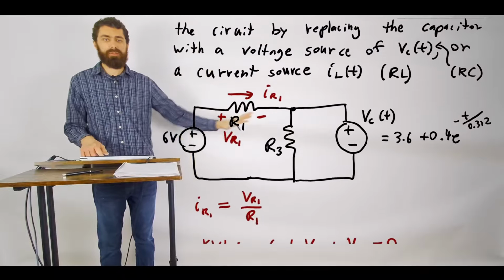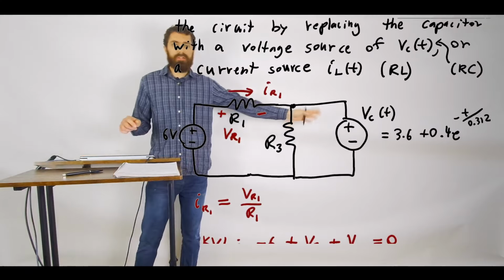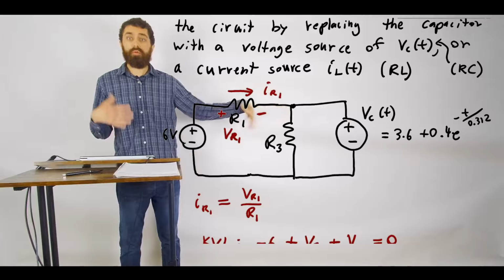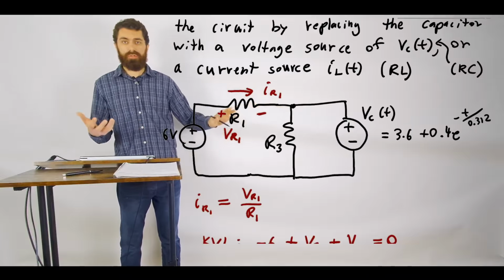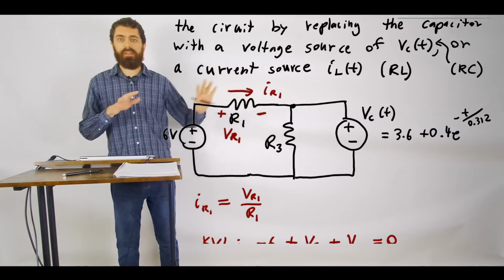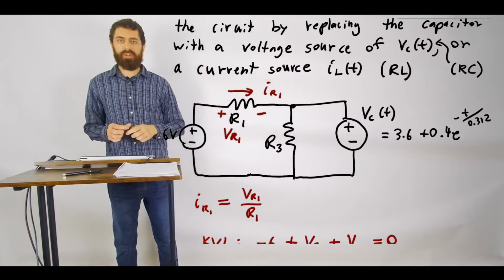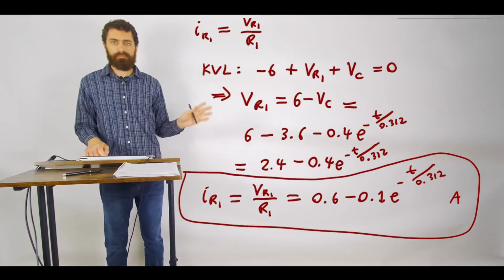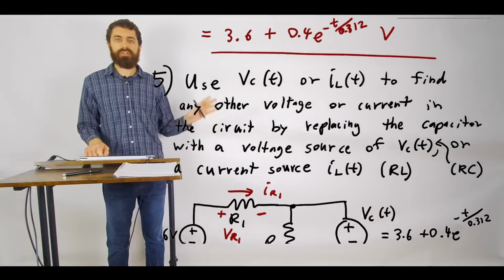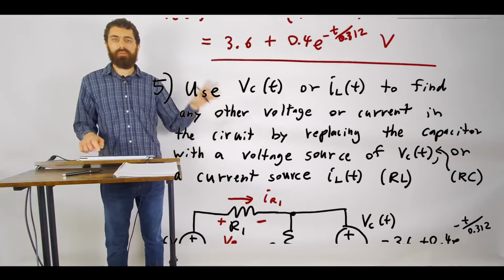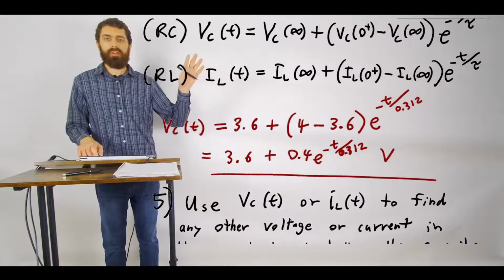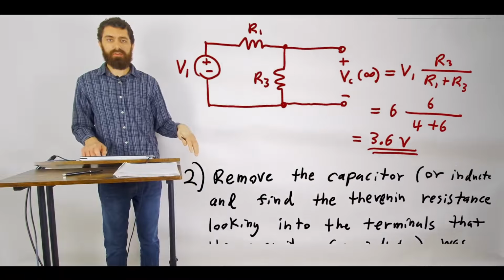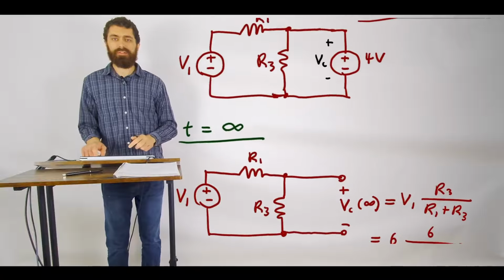With this last step, you basically just replace your capacitors or inductors with voltage sources or current sources, and then solve the circuit like you would any ordinary problem. I would recommend you continue to work through examples and carefully go through these steps, and I think you will be in good shape.